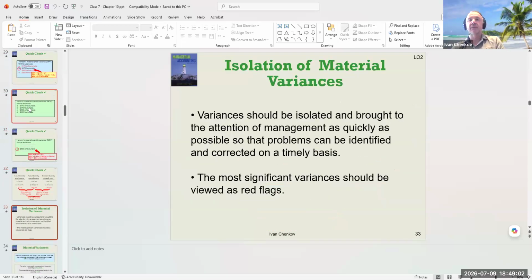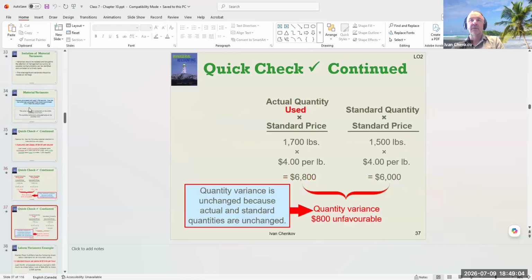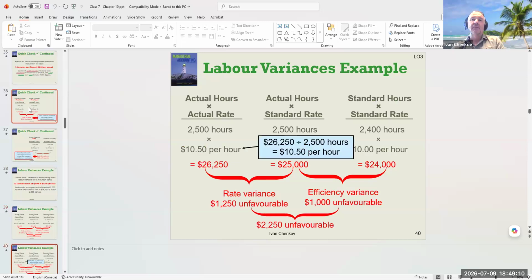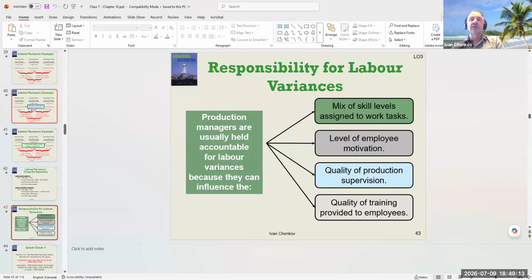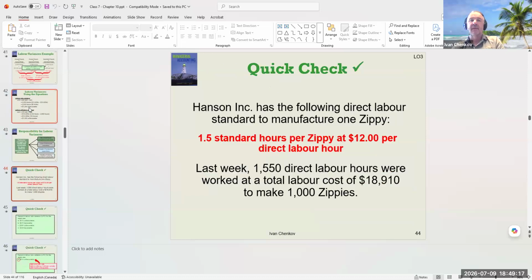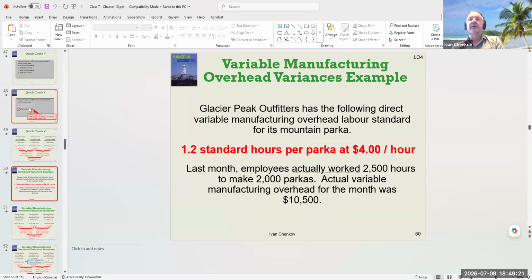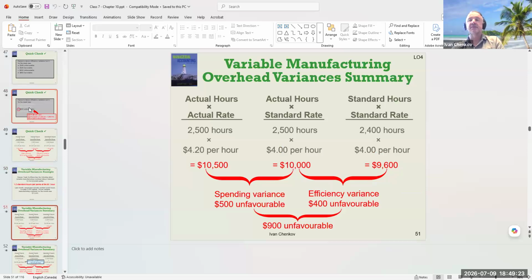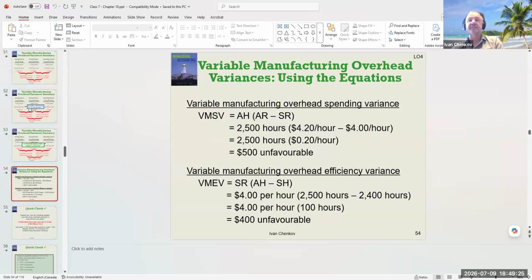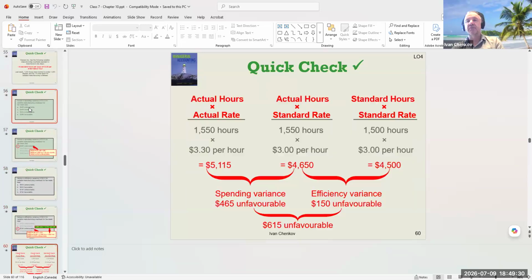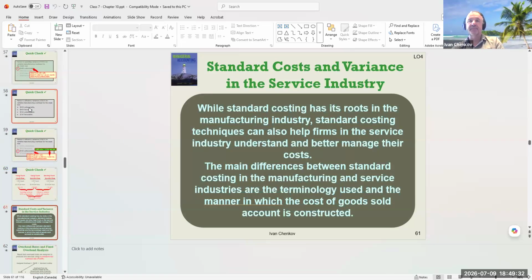Then we went to the labor variances, and we saw that for the labor variance, only the production manager is responsible. Then we went to the variable overhead variances. We identified the variances, we explained the variances. And for the variances on the overhead, we're not going to keep anyone responsible.